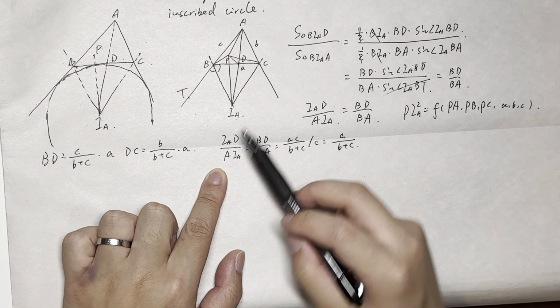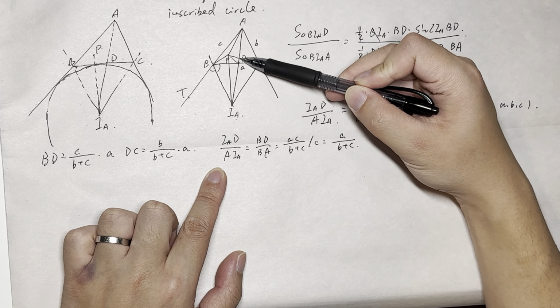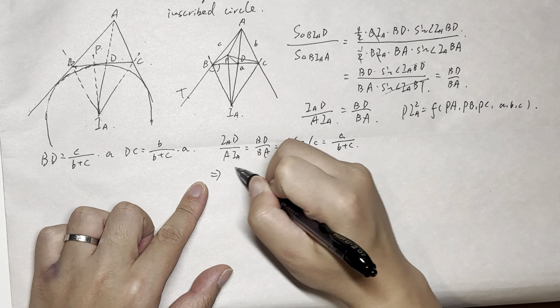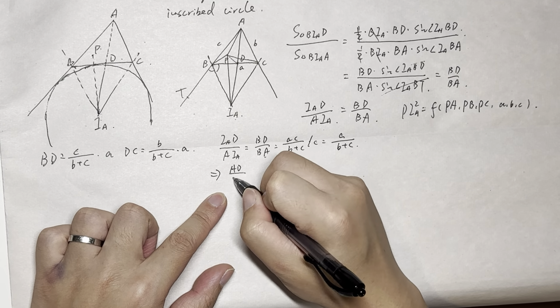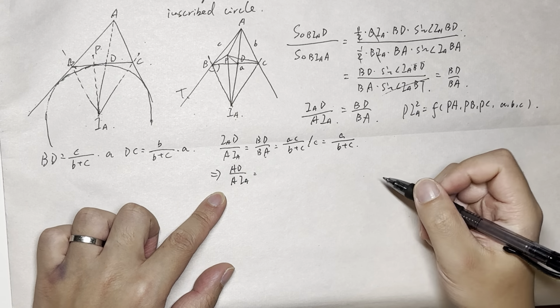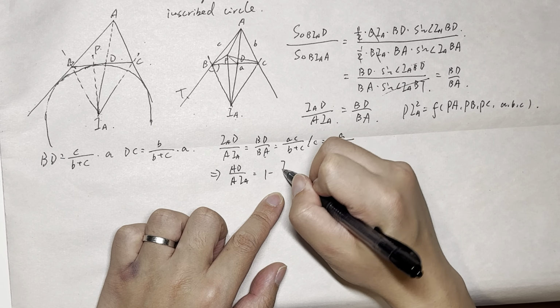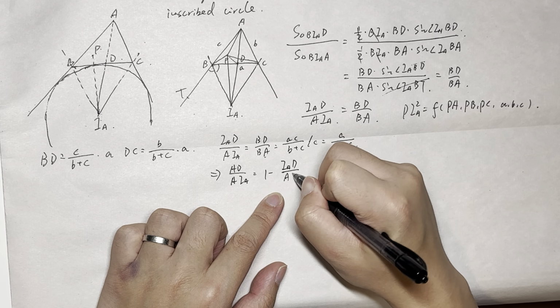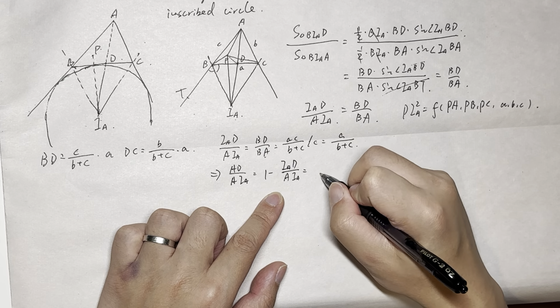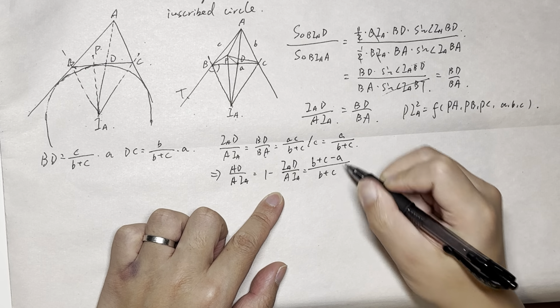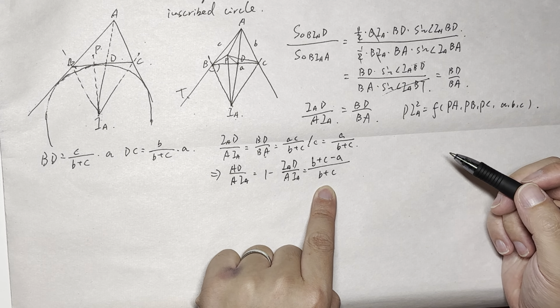That's IAD to AIA, which means AD to AIA equals 1 minus IAD to AIA, which equals B plus C minus A to B plus C, right?